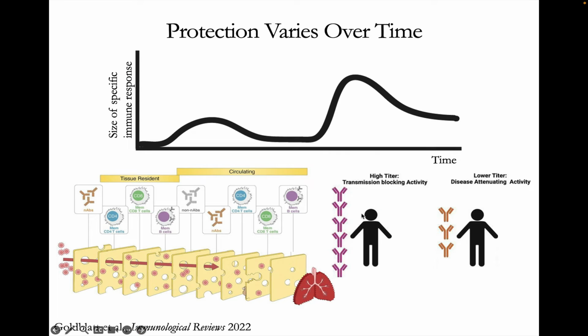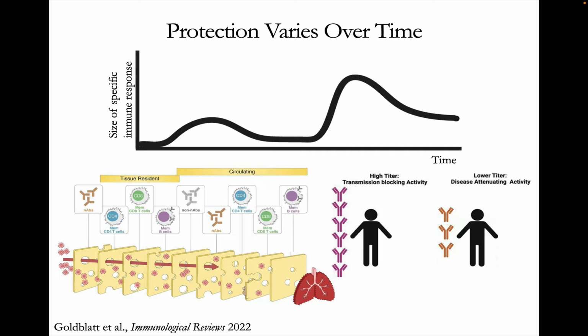That might mean that you're able to block, say, transmission of some different microbe coming into your body. Later on, perhaps you have fewer antibodies and you have this change in cell type that we're going to be talking about, and that may not protect you from actually acquiring the microbe.